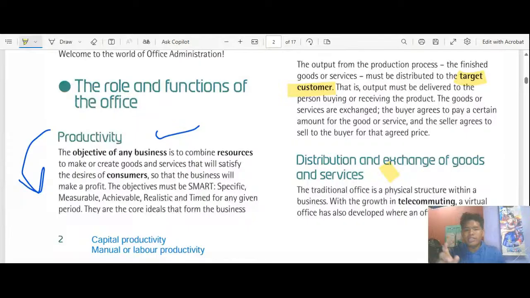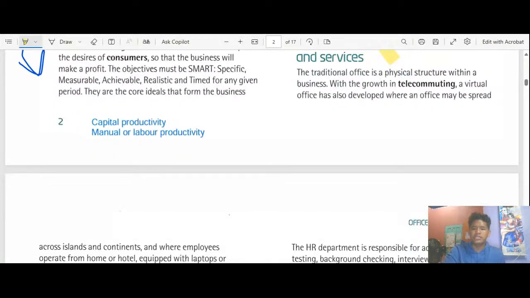You won't want them to buy your cars because first of all, they can't even get it. So we call them your target customer or your target audience. For example, if you are giving out a service for teaching high school students, you will only want high school students. You won't want people within their 50s. You won't want people within their 90s. You will want high school students. That's what we mean by target customer or your target audience, right? So that's what it is.